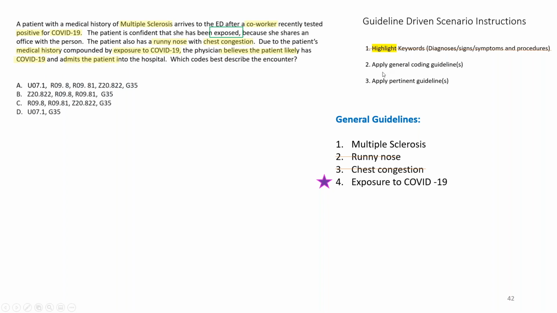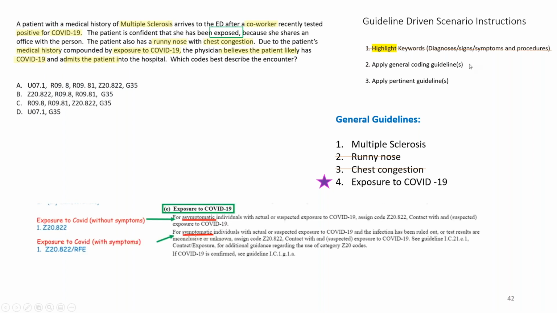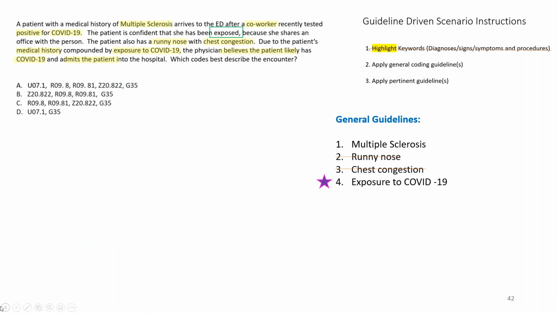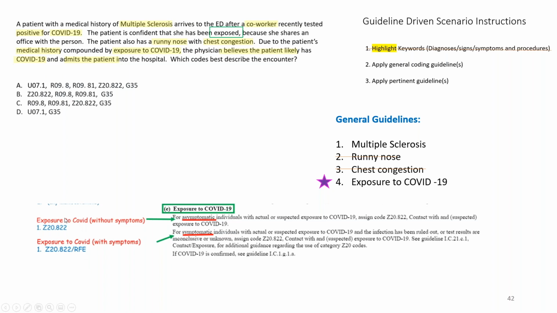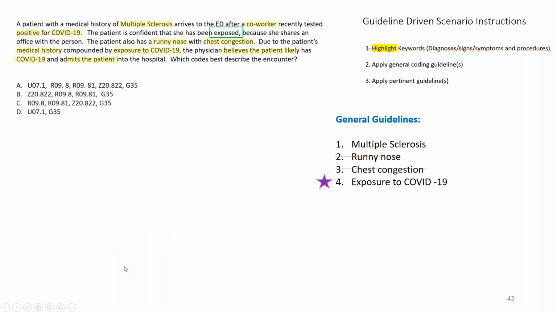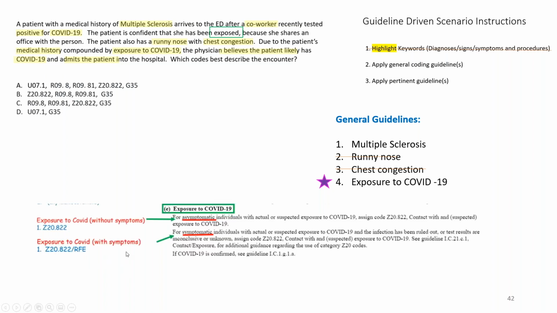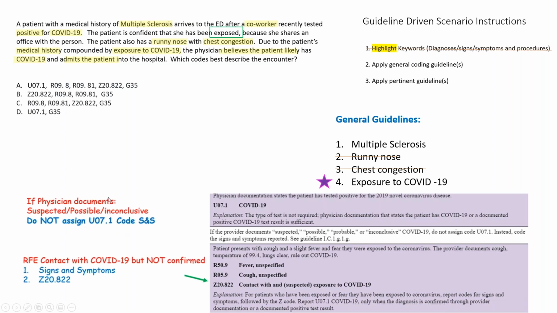Now that we've applied the general coding guidelines, let's go to the pertinent guidelines or the specific coding guidelines. And I like the guidelines for exposure to COVID-19 with symptoms. I like it. They tell us that we need to use Z20.822. We know we need to do that anytime you have exposure, but this guideline is a little more specific.